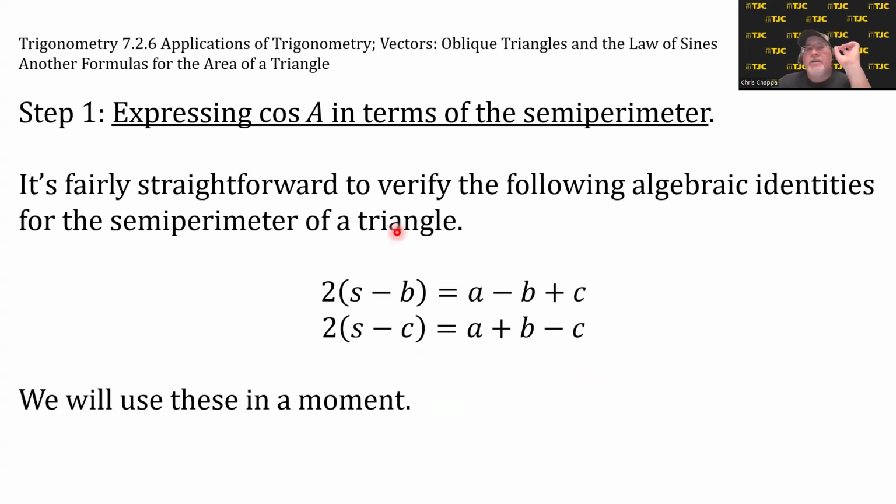It's fairly straightforward to verify the following algebraic identities for the semiperimeter of a triangle: 2 times (S minus B) equals A minus B plus C, and 2 times (S minus C) equals A plus B minus C. I invite you to verify those, but we will use these in a moment.